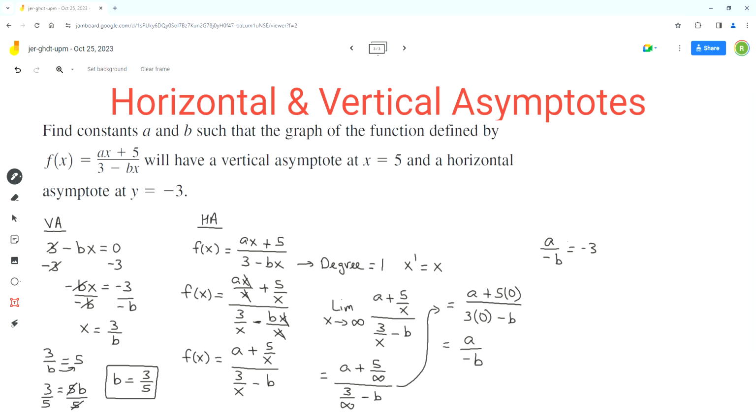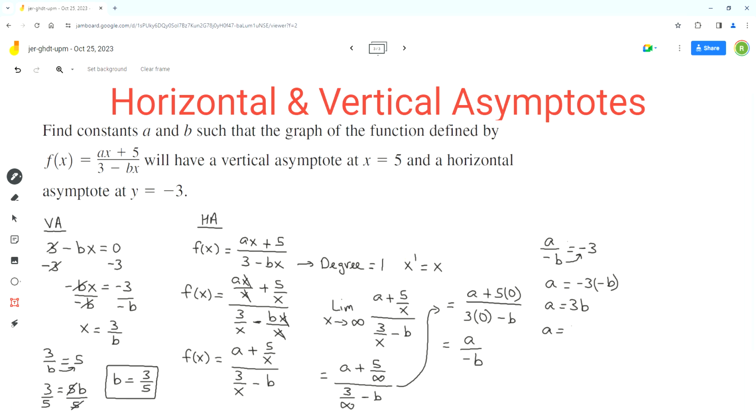So this is the equation we have to solve to find the value of a. Now we can cross multiply the denominator to the right side. So we get a equals negative 3 times negative b, a equals 3b. Now we can sub in the value of b we found.